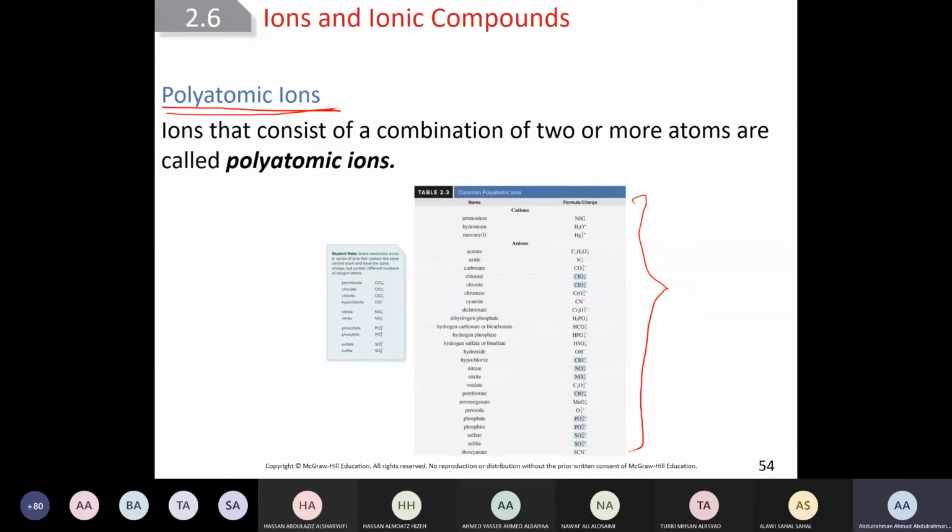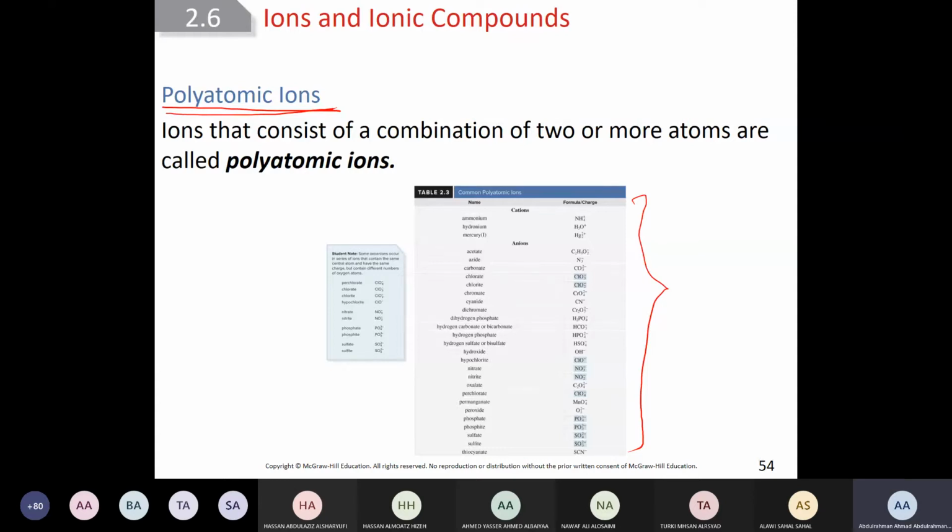I want you to print these polyatomic ions and memorize them extremely well. I put them already in your blackboard, but that's not enough. I want you to make a copy of the periodic table and the polyatomic ions and keep it with you for every lecture.